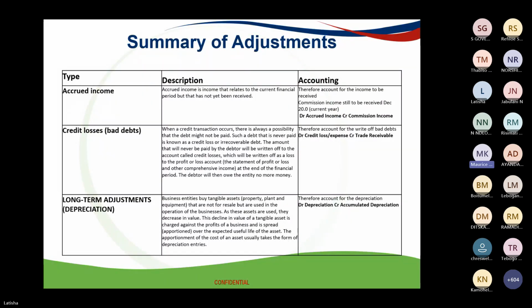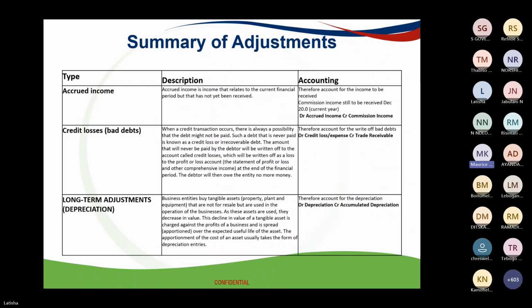We account for that by debiting the credit losses expense or bad debts and crediting the trade receivables. So your trade receivables or debtors will be reduced, and then we've created an expense. I hope that is clear.